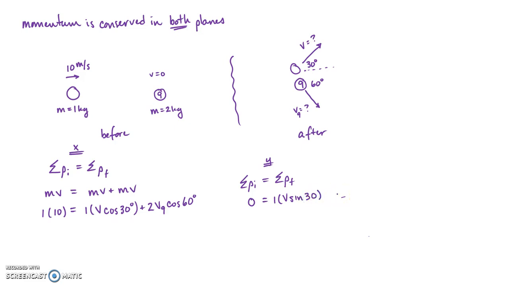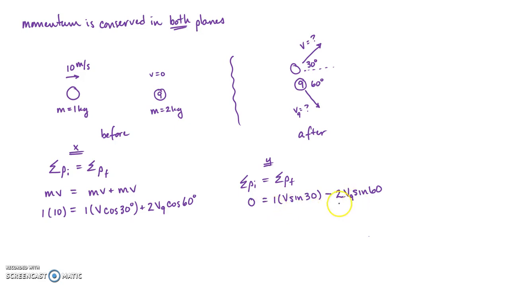And then we've got this one down here. And since it's going negative, this is going to be a negative momentum, right? Because direction's kind of a thing. So if you look in the y-plane here, this is a negative velocity. So minus 2, because that's the mass, times v9 times sine of 60. All right, so now we have that equation.